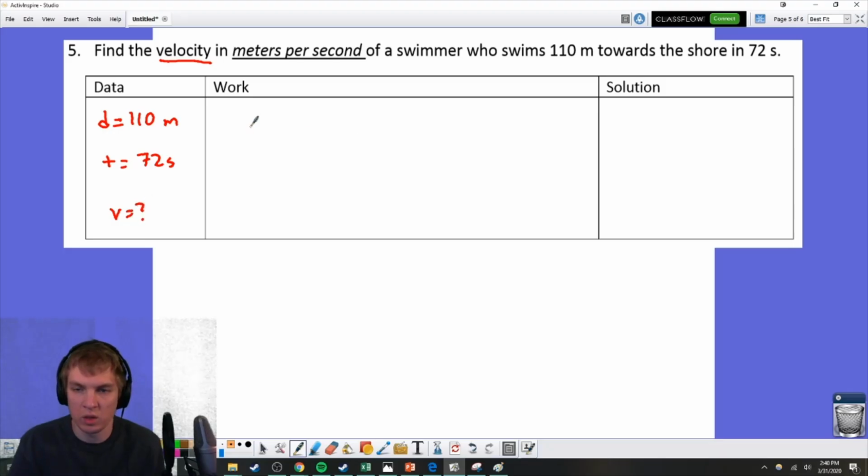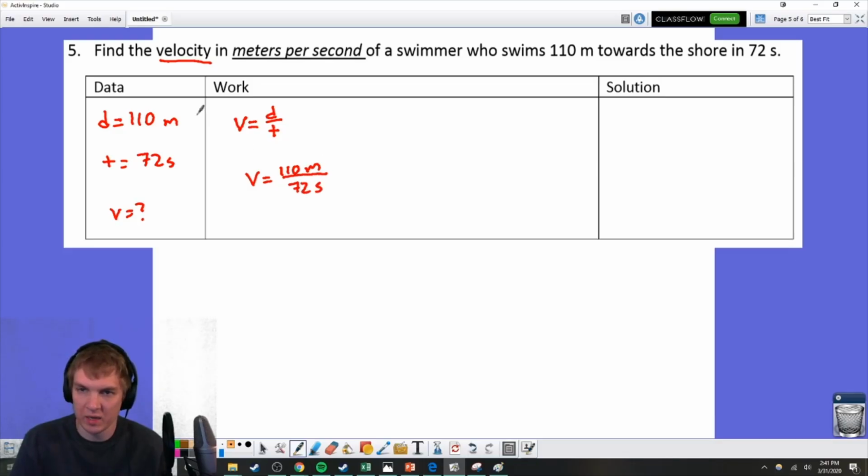So we're good. So what is velocity? That's the question. Well, do we have a formula that associates all three of these? Yes, and we've actually learned it from Unit 7. The speed is equal to distance divided by time. Or the velocity here in this case. So velocity is going to equal 110, I'm just plugging in the numbers here, meters divided by 72 seconds.